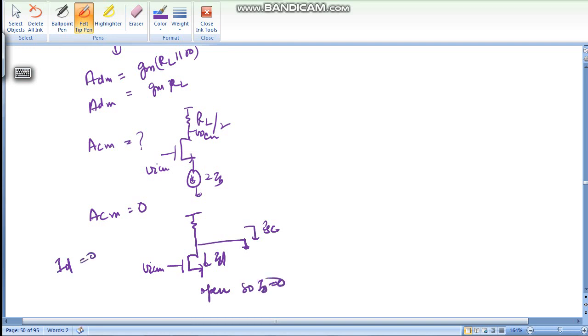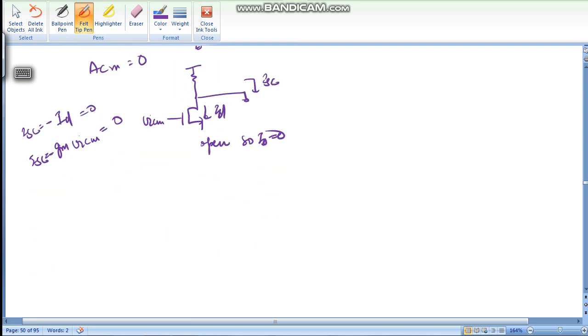So ID is 0. ID is given by GM into VICM. This is 0, so ISC equals minus GM times VICM, which is 0. If ISC is 0, then ISC by VICM will also be 0. So our GM for this circuit is 0, because no current is flowing.